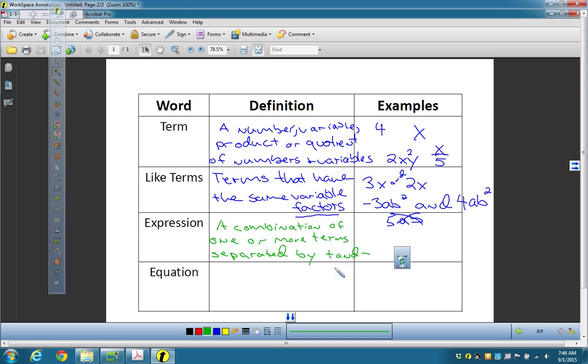Kind of hard for me to write really small there. A combination of one or more terms separated by a plus or minus sign.